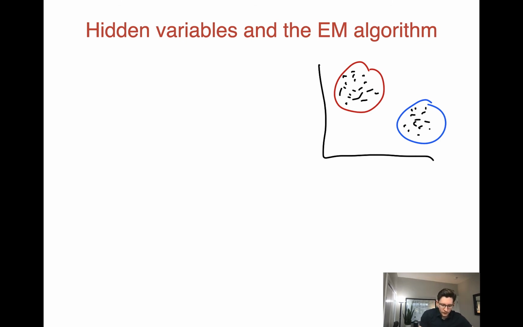We have an i for each point. So each point in here is one of our i's from 1 to n, and we have some observed data for each one. So for example, in this 2D clustering case, y would be a vector of two values, the horizontal one and the vertical one in this plot.